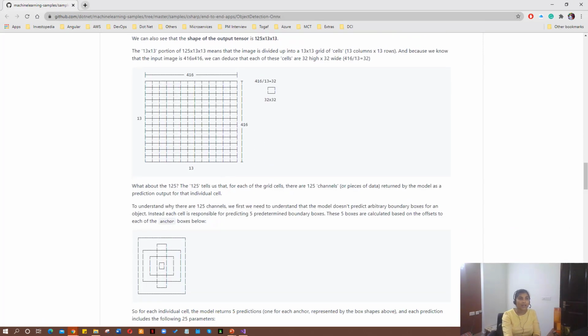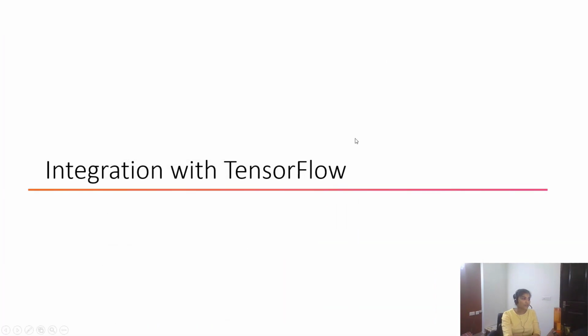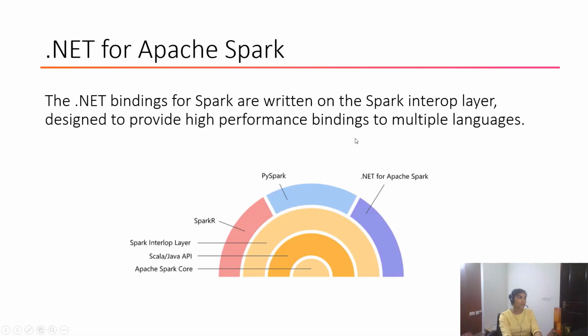Having said that, let's move towards the next item in the agenda, which is .NET for Apache Spark. So what is Apache Spark? Apache Spark is a unified analytics engine for large-scale data processing.